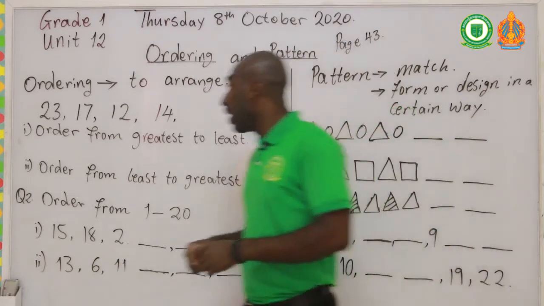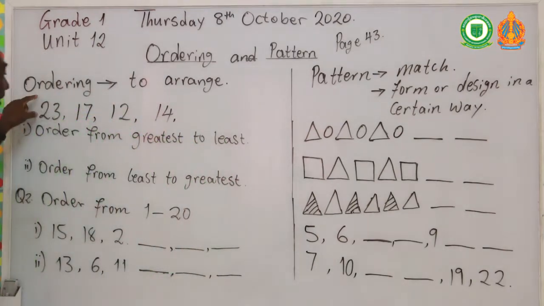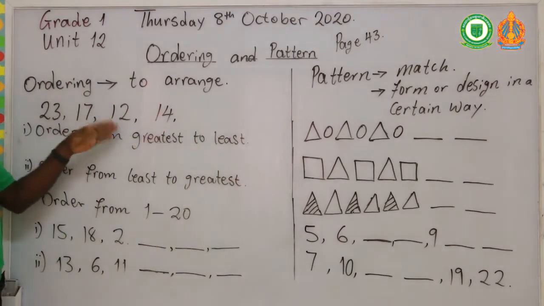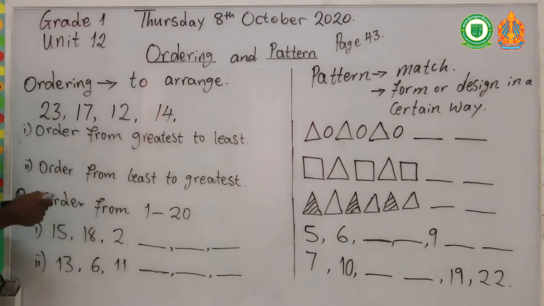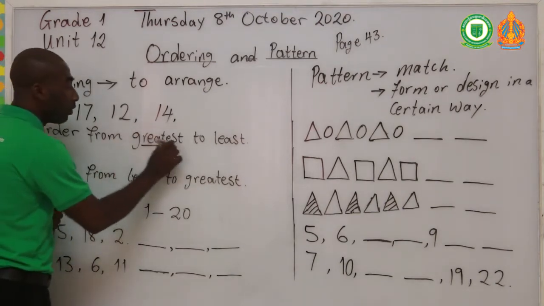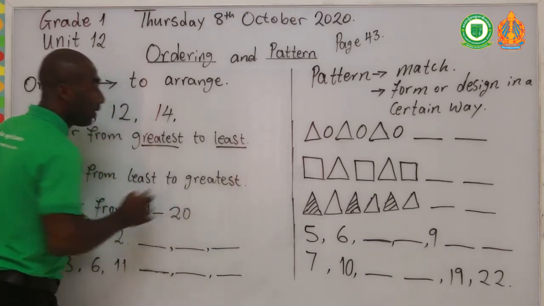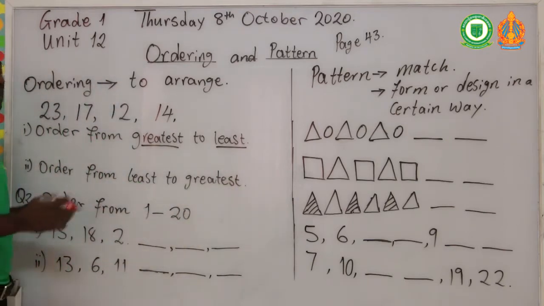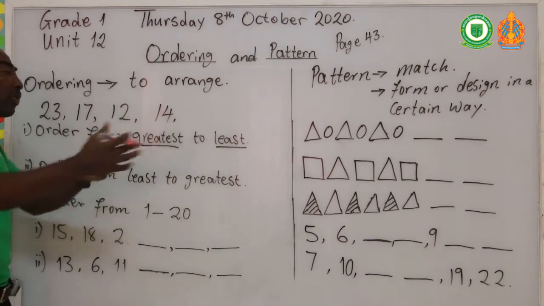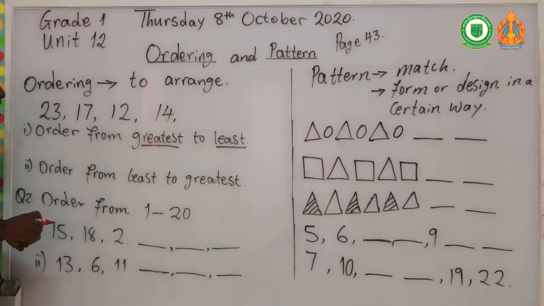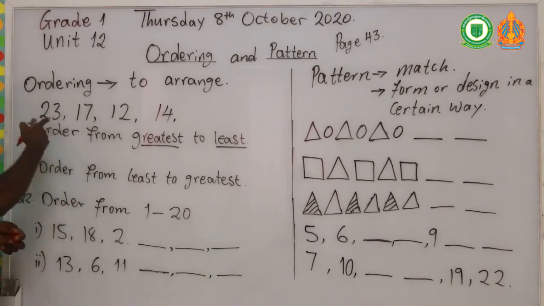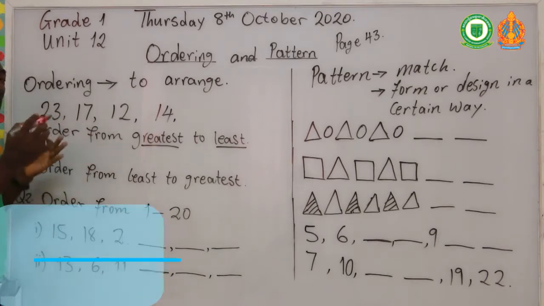Okay, so you look at your numbers and you see which one has to come first from the first instruction. It says that we have to arrange from greatest to least. That means we are doing the big ones first, and then the smaller ones will come at the last end of our writing. So if you go through, we see that 23 is the biggest.